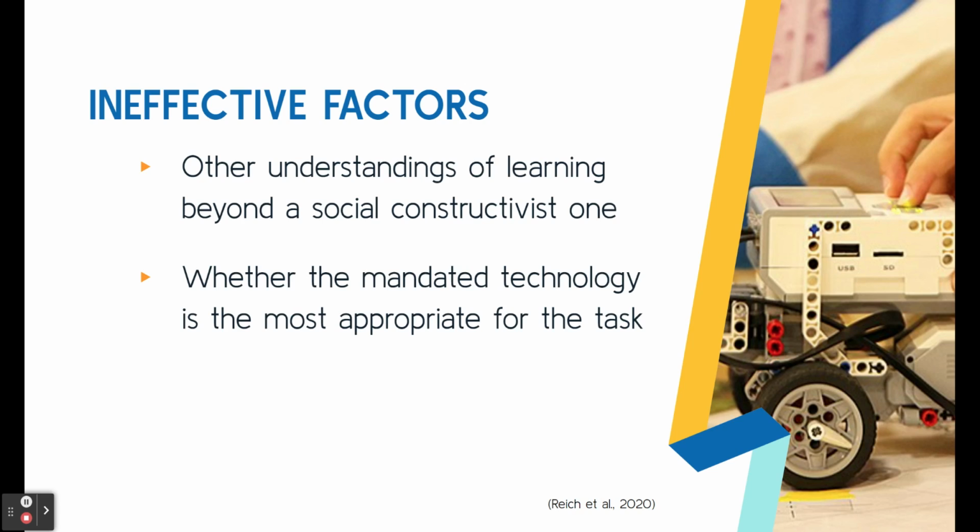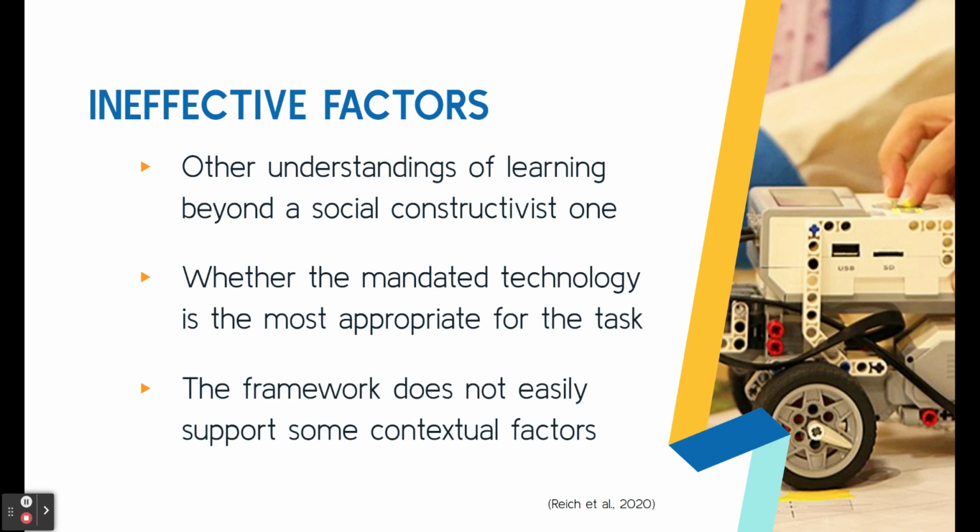For example, in a learning environment in which the objective is to become work ready and not necessarily to develop critical thinking skills, such as it would be in a vocational or trade school. Even though students in a vocational school will use technology to solve problems, such as a mechanic may use a diagnostic tool, the technology is what is learned, and not that the student is using the technology to learn. In this case, the mandated technology is the diagnostic tool, which is appropriate for the task, even if its use falls under entry level on the matrix.